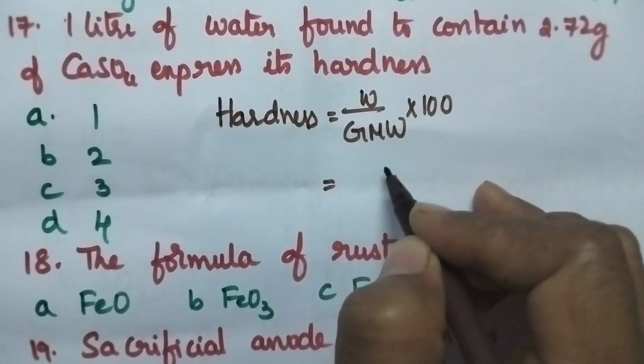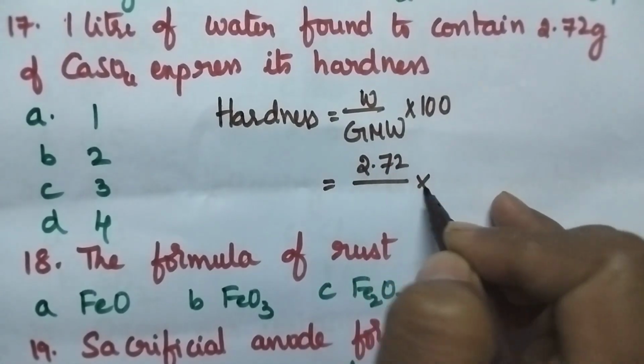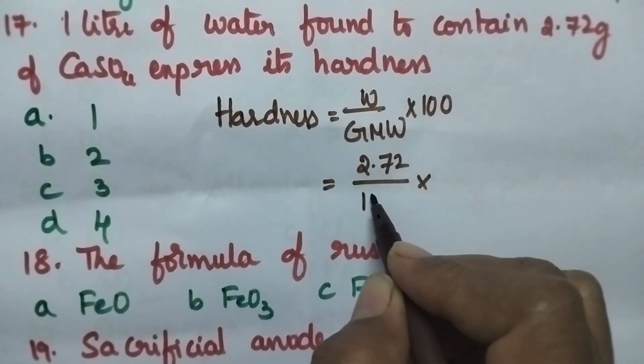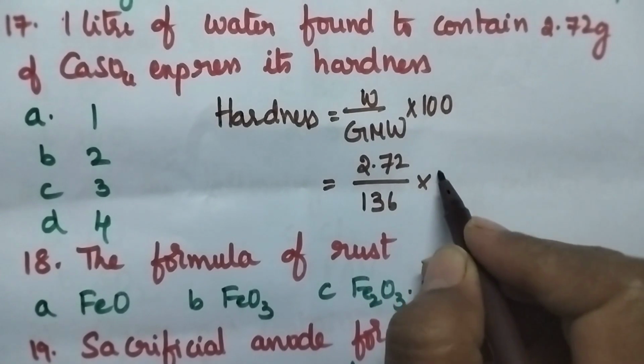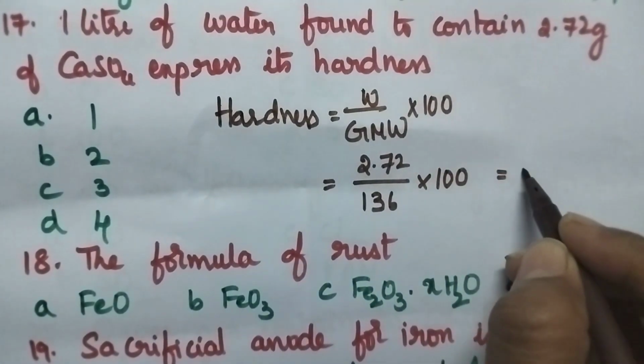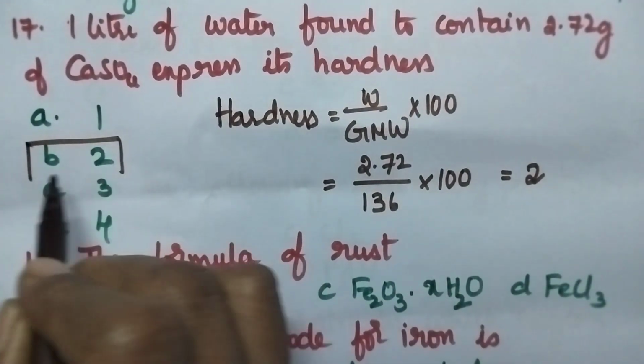Here the weight of calcium sulfate is 2.72. Its gram molecular weight is 136, into 100, and that is equal to 2. So option B is the right answer.